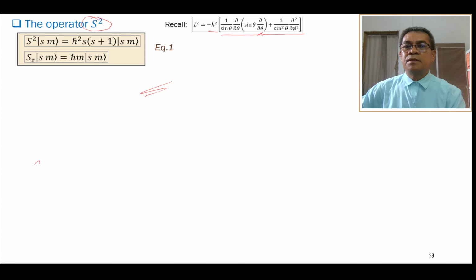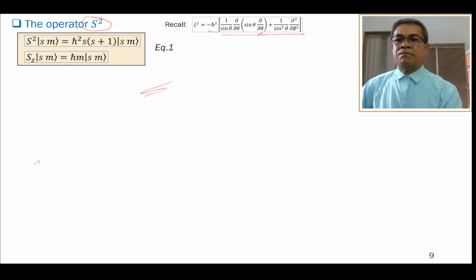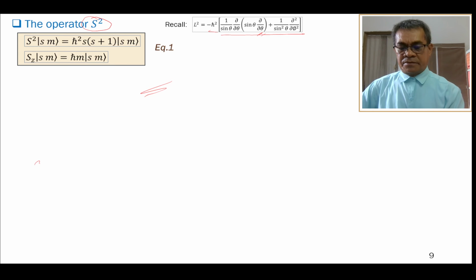To start with, let us again use equation 1 that we derived previously. This is coming from our previous topic in orbital angular momentum. So we have the operator act on the state, then we have this result, and it levels up.